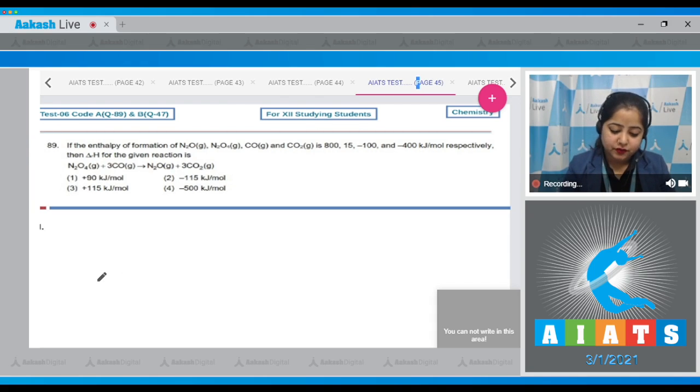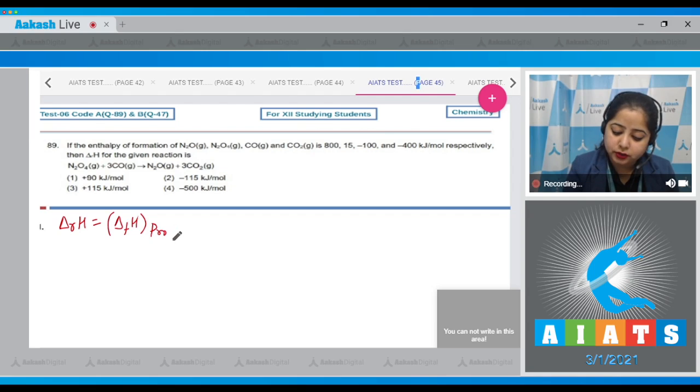So student, we have to calculate delta RH, that is enthalpy of reaction. And we are given with the enthalpy of formation of the reactant and product given in the reaction. So enthalpy of reaction is equals to enthalpy of formation of products minus enthalpy of formation of reactants.